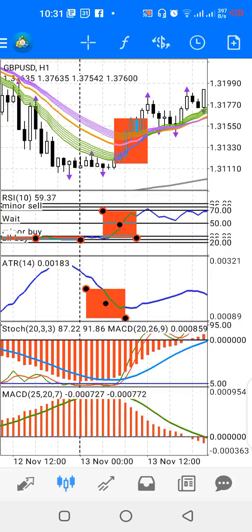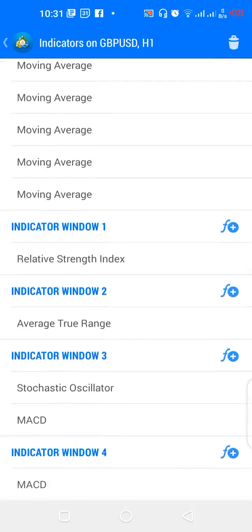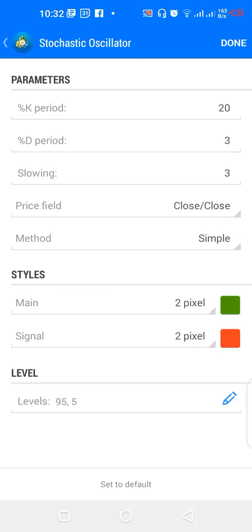Okay, now let's go to indicator window 3. Let's look at the parameters for indicator window 3. Indicator window 3 has stochastic and MACD. Now for the parameters for the stochastic oscillator, percentage K is 20, percentage D period is 3, slowing is 3, price field is close on close, method is simple.